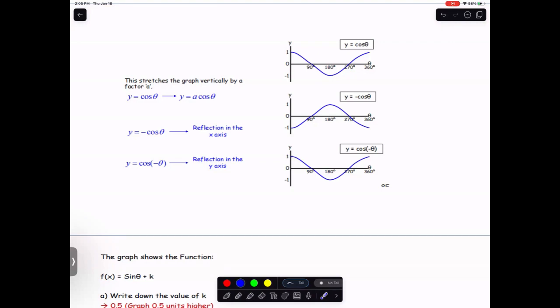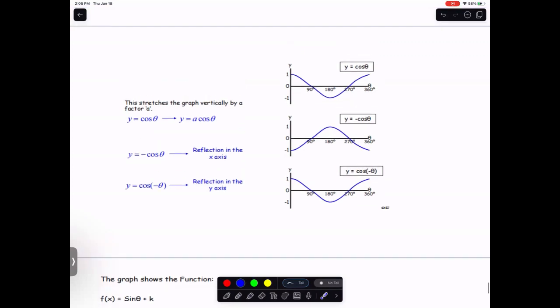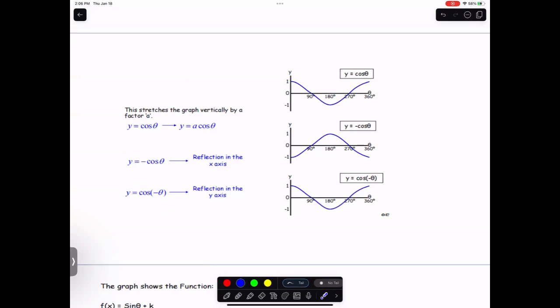So reflecting this on your graph, your y-axis is what is affected. Take a look at this. From -1 here, we have a positive 1. So this is the transformation of your cosine graph.